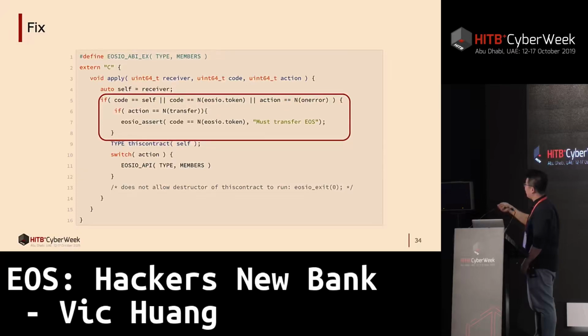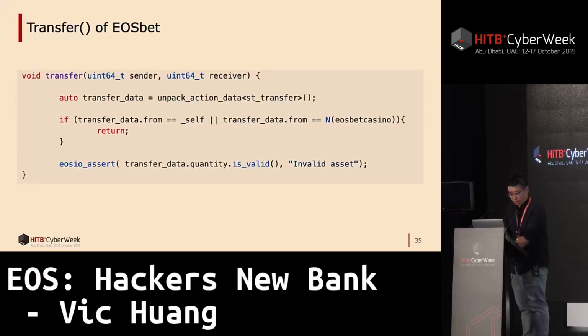But if the code is from self and the transfer code is from EOS, you should prevent non-members of the contract from calling your functions.